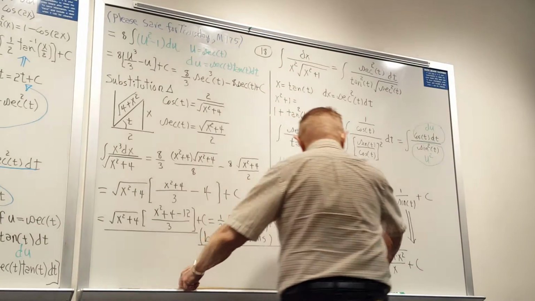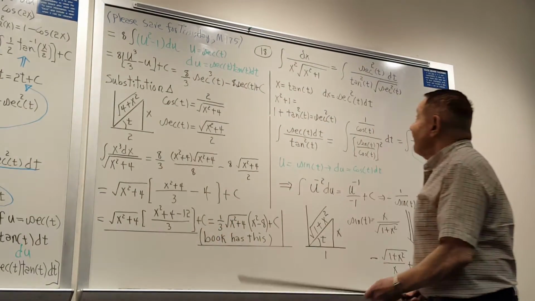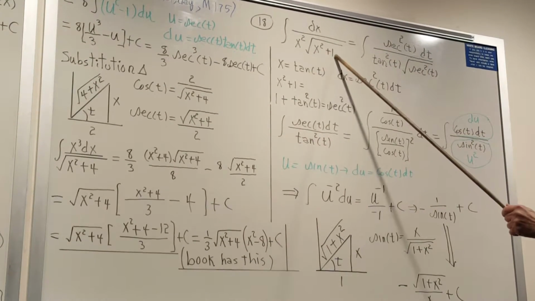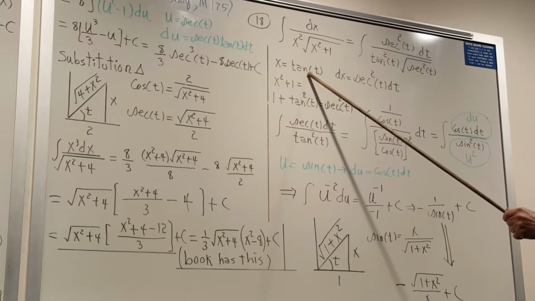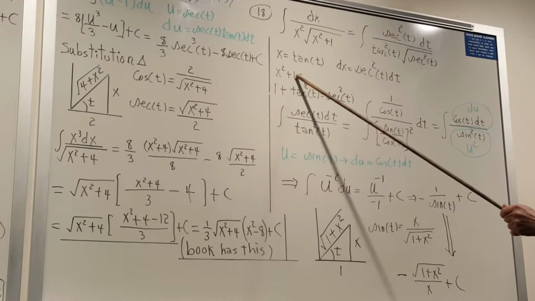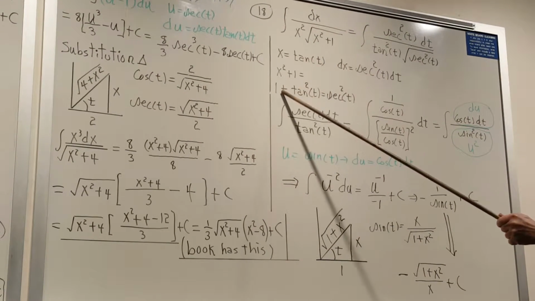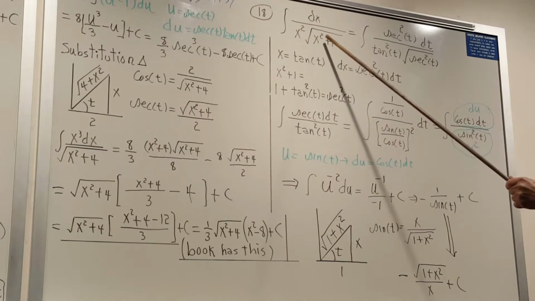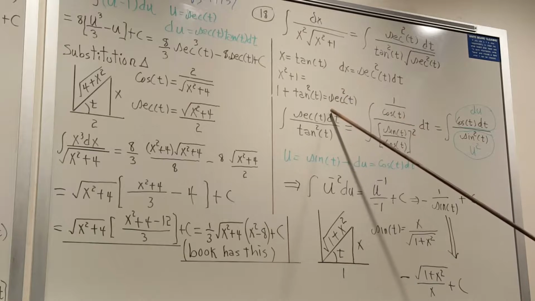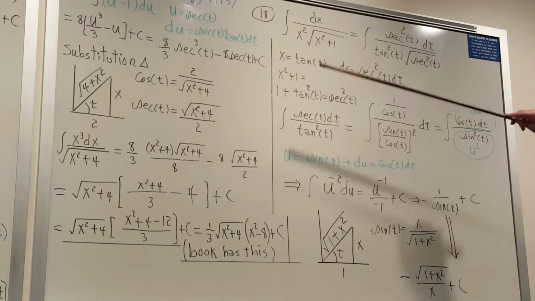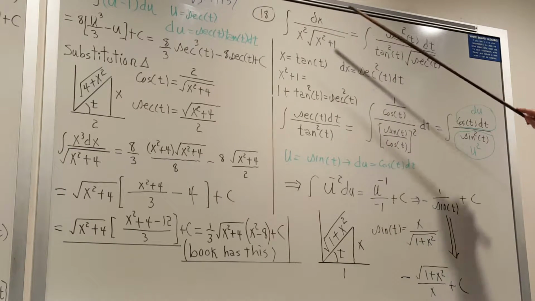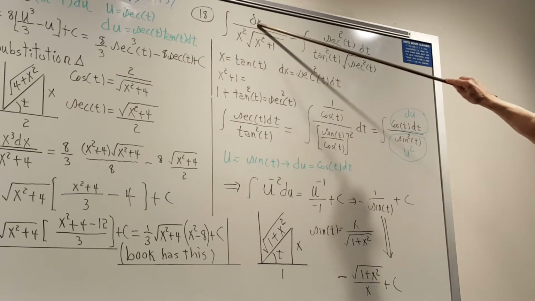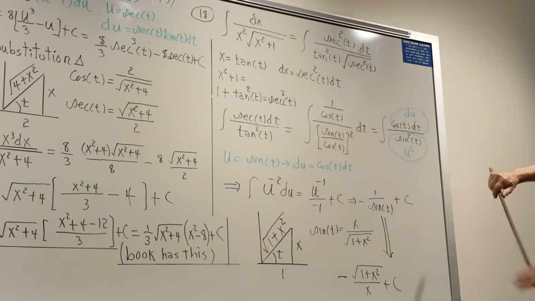We have the sum of squares, so again it's going to be a tangent, and the x squared plus 1 then is, 1 plus tangent squared is secant squared. So we have the square root of secant squared, and then our x squared here will be tangent squared, and the derivative of tangent is secant squared.